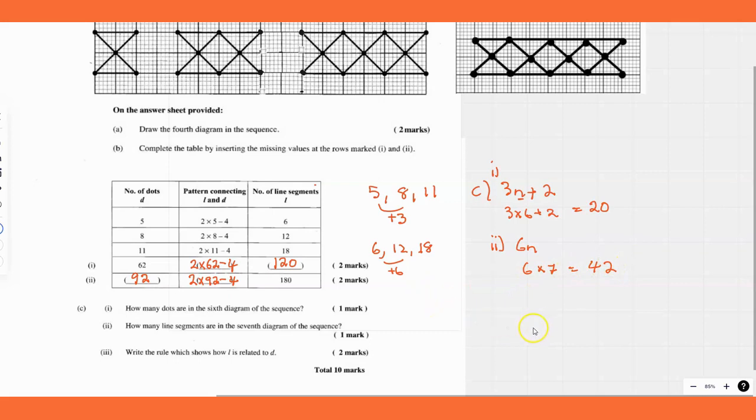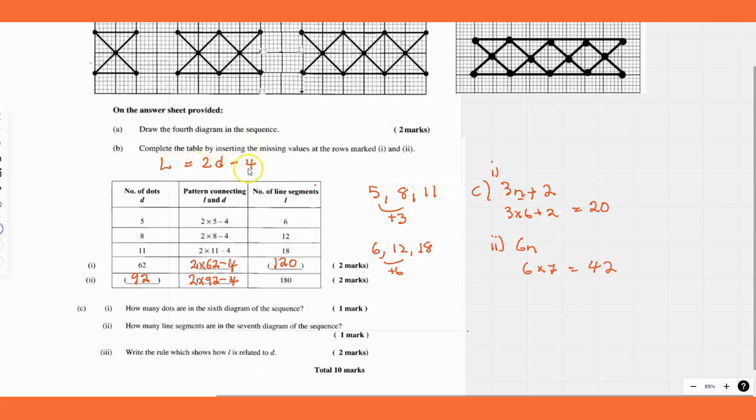Okay, now it says write the rule which shows how L and D are related. Previously, we know that the rule for the line segment L is equal to 2 times D minus 4, 2D minus 4.